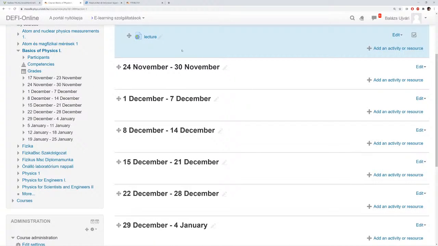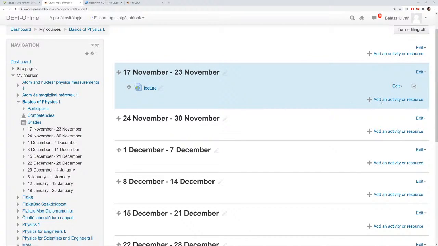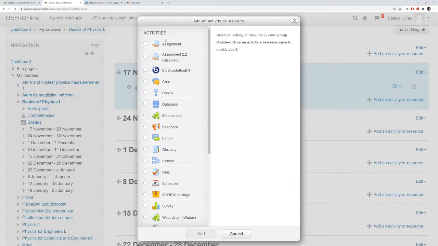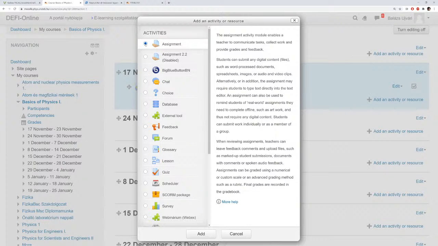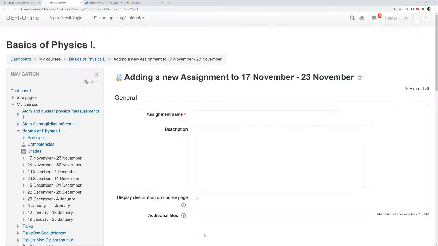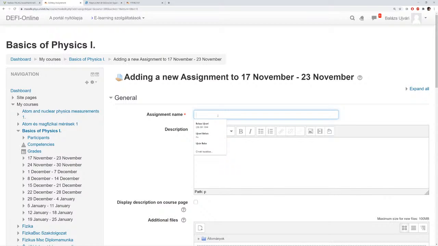Now, if you are in the course, do you see the lecture link? So for example, solve the examples in the page.